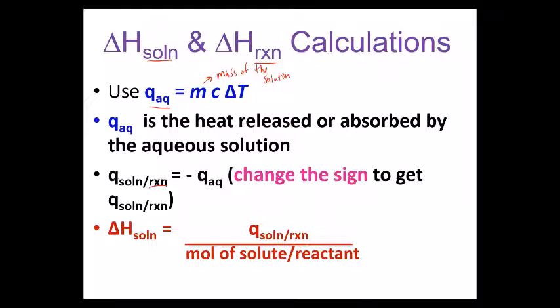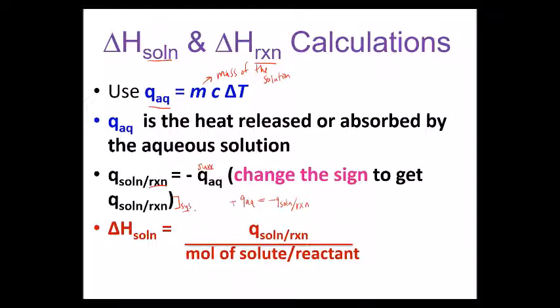That means Q solution is positive because the system gained that heat. Same is true here. If Q aq is positive, that means Q solution or Q reaction is going to be negative. If the watery environment is gaining the heat, that means the system's losing the heat. So it's the opposite sign for the Q solution or reaction. This is really defining the system and the surroundings.